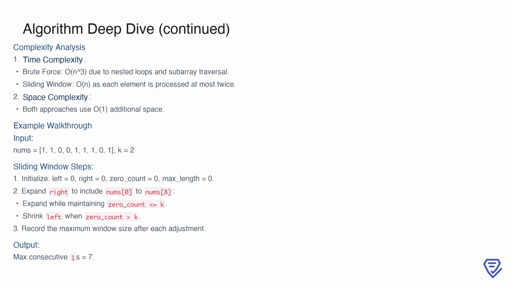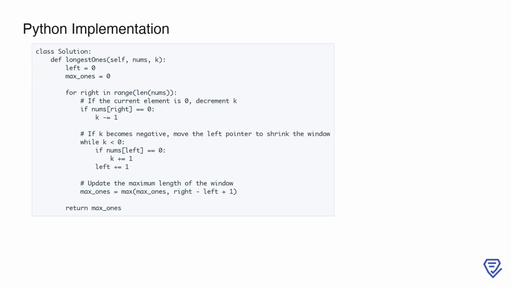If it does, we shrink the window by moving left forward. Throughout the process, we record and update the maximum window size whenever we find a valid window. The result for this example is a maximum of 7 consecutive 1s. This implementation solves the problem using the sliding window technique, which is optimal for problems involving subarrays or substrings.